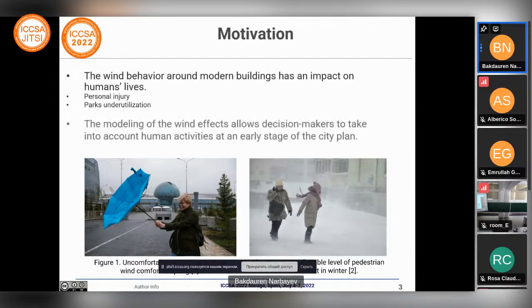So the modeling of the wind effects allows decision makers to take into account human activities at an early stage of the city plan. One of the possible ways to reduce the effect of wind is by wind blocking activities, such as planting trees or placing obstacles in places dedicated to pedestrians.